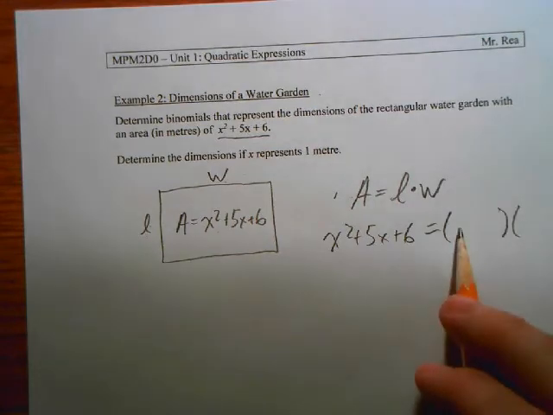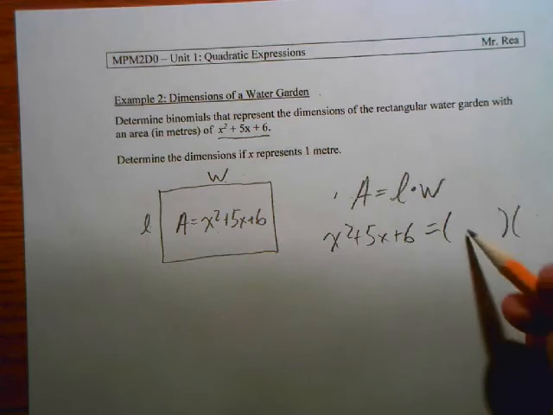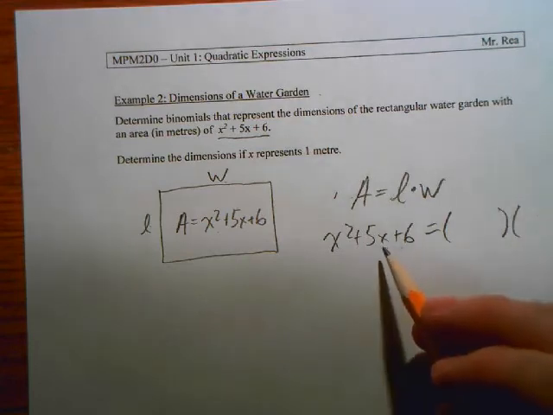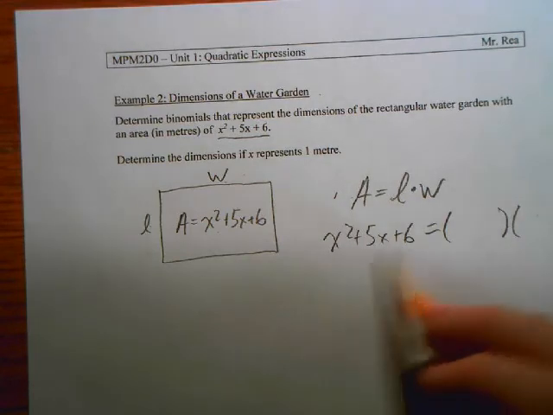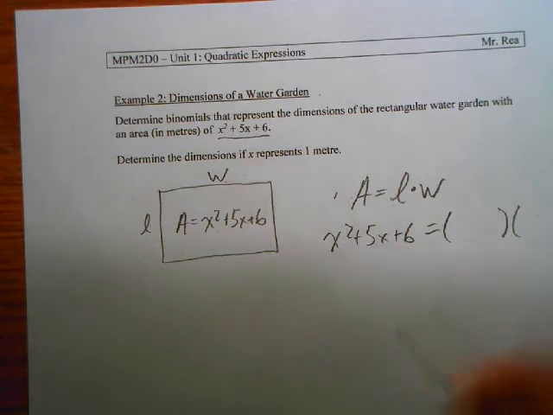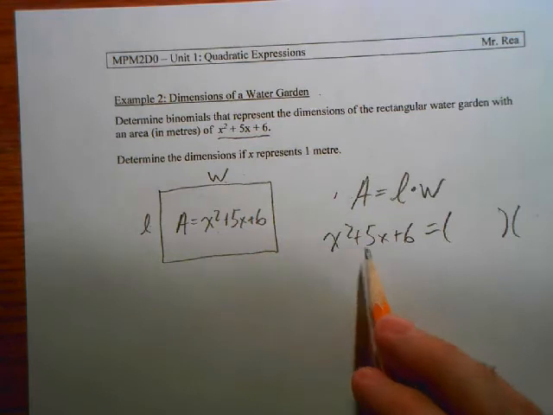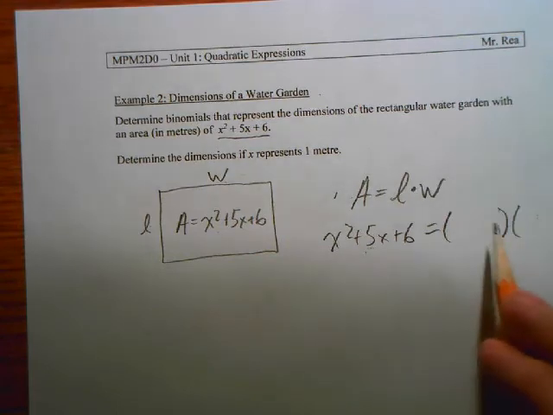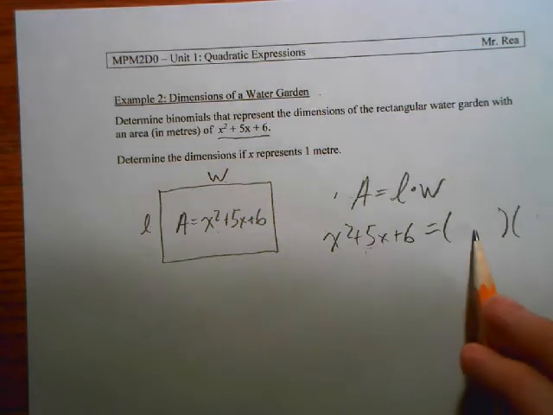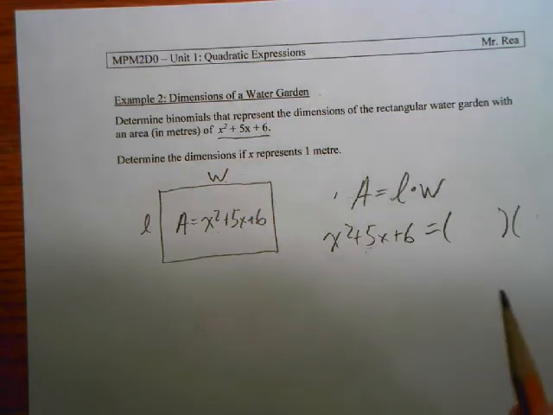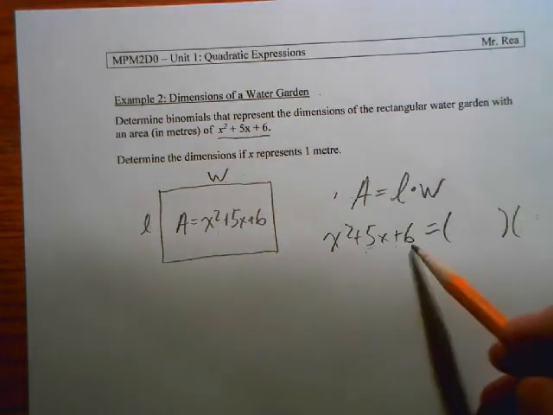So we're looking for two binomials that represent length and width, that when I multiply them together, I'm going to get the area, which is x squared plus 5x plus 6. Well, this is just like the questions we were doing. We're basically factoring this trinomial into two binomials, and one binomial will represent the length and the other will represent the width. Okay, so now, remember what these numbers represent.